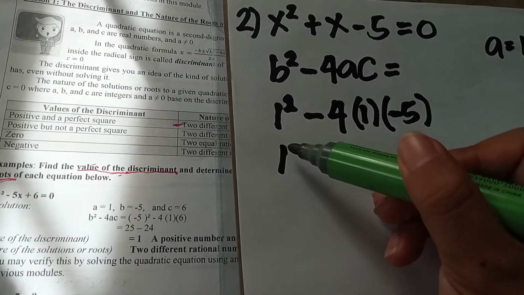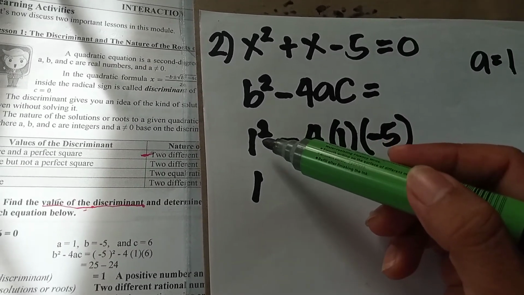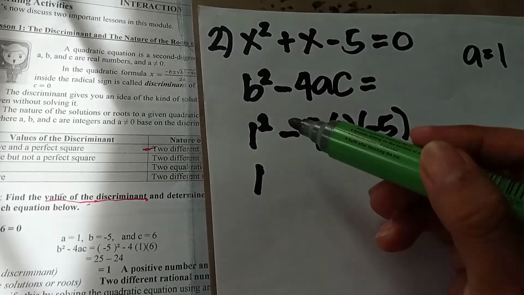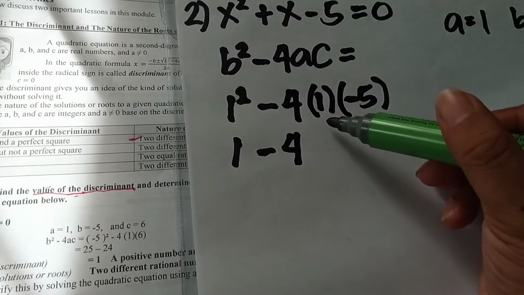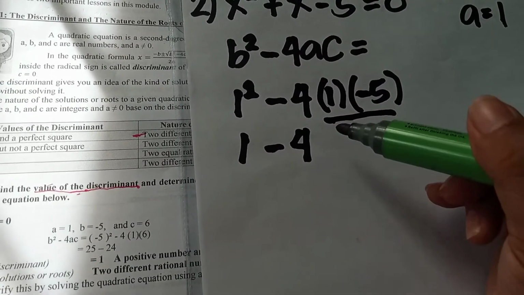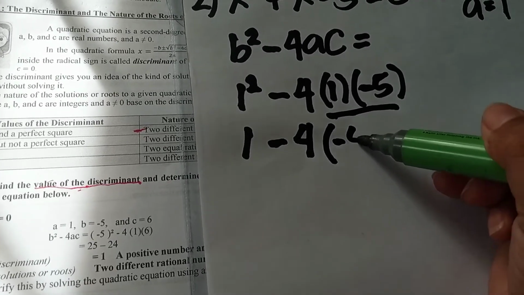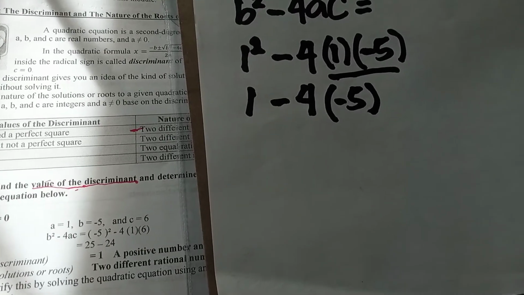Copy 1 squared: 1 times 1 is 1. Then copy minus 4. Then 1 times negative 5 is negative 5, inside the parentheses.